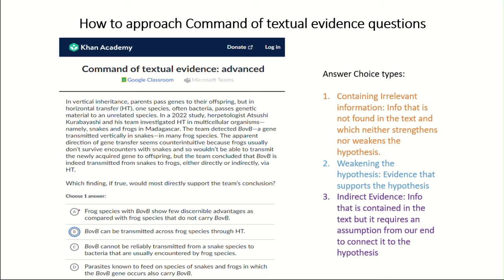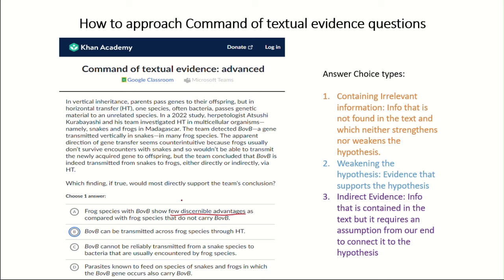So let's start with A and B. So A says frog species with BOVB show few discernible advantages as compared with frog species that do not carry BOVB. So here it's talking about few discernible advantages, but nowhere in the text does it talk about any advantages of BOVB, right?